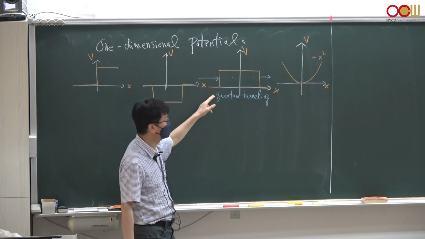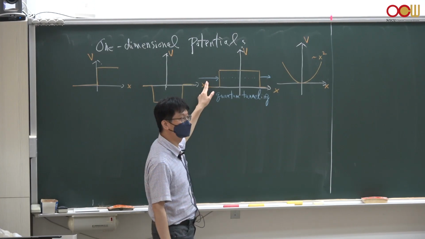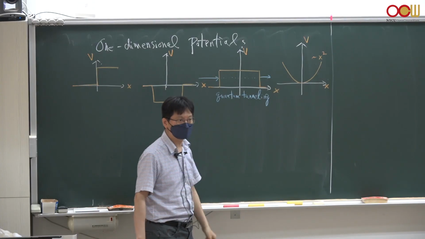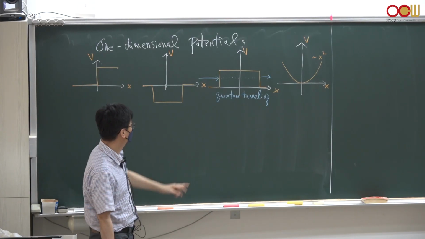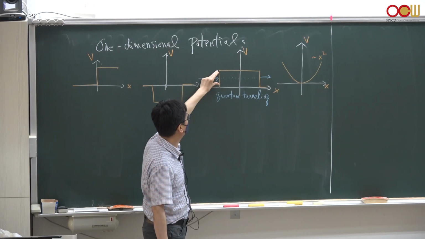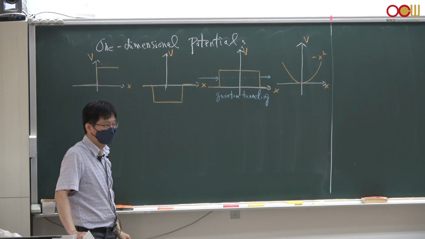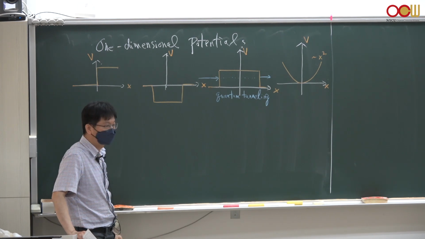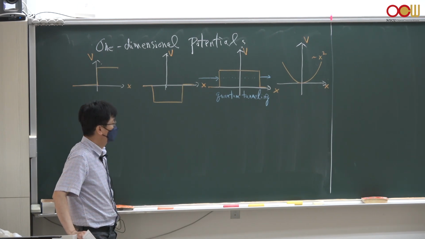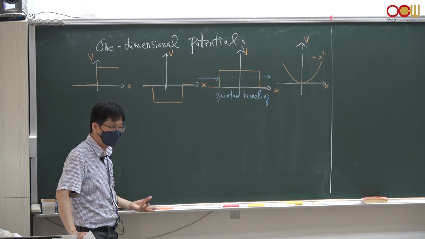But quantum mechanically, there is a finite probability that allows the quantum particle to tunnel through this potential barrier, where the energy of the incoming particle is actually smaller than the height of the potential barrier, which we call the classically forbidden region. So in classical mechanics, this is forbidden. But quantum mechanically, it is not forbidden.